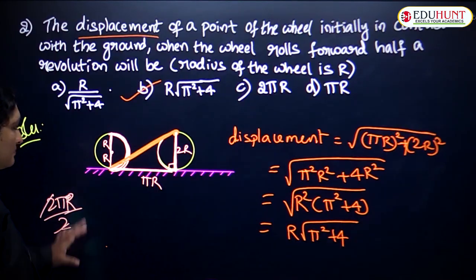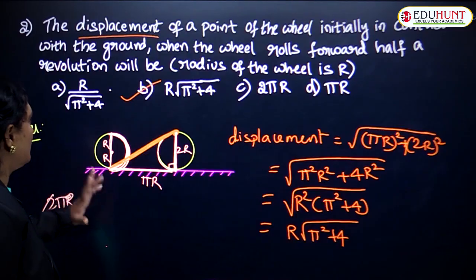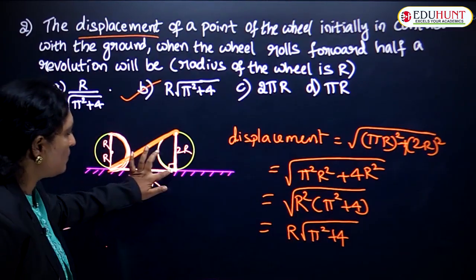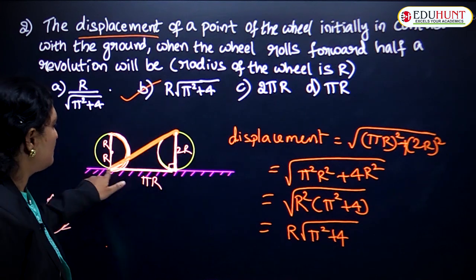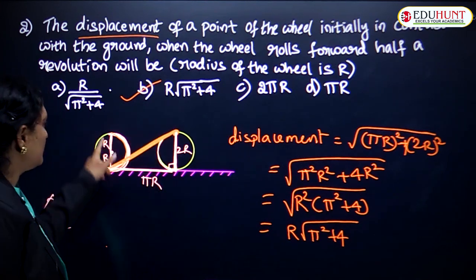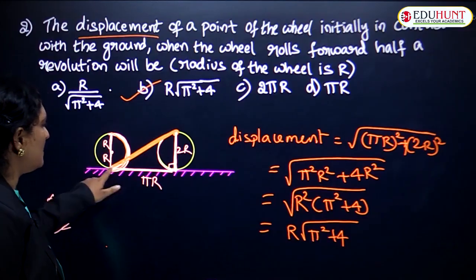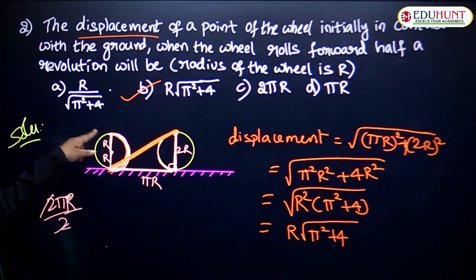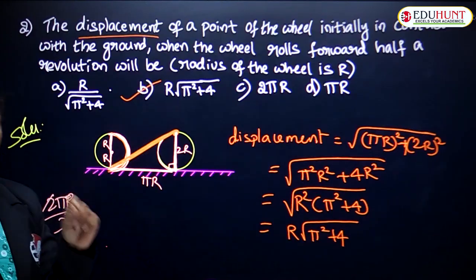Okay children, hope you understand. Let me repeat once again. This semicircular portion after rolling has come here. The semicircular region will be pi R, because the total is 2 pi R and the semicircular portion is 2 pi R by 2.